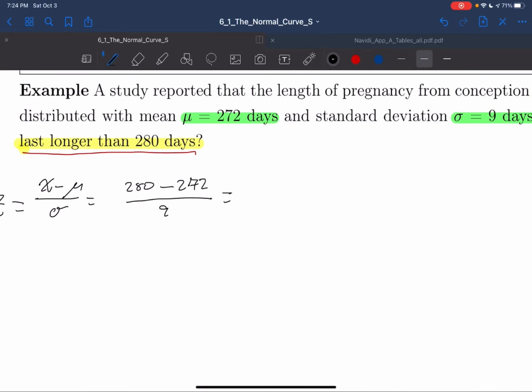And this is going to be 0.88888 repeating. But we want to round this to 2 decimal places because that's how we use the table. So we could round this to 0.89. And that's important because we need 2 decimal places to use the table.